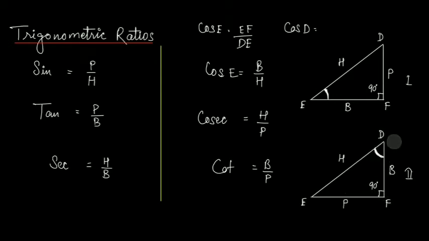So we will write EF upon DE, because the formula is base upon hypotenuse. And if we find cos D, it is DF upon DE, because for the second triangle base is DF.